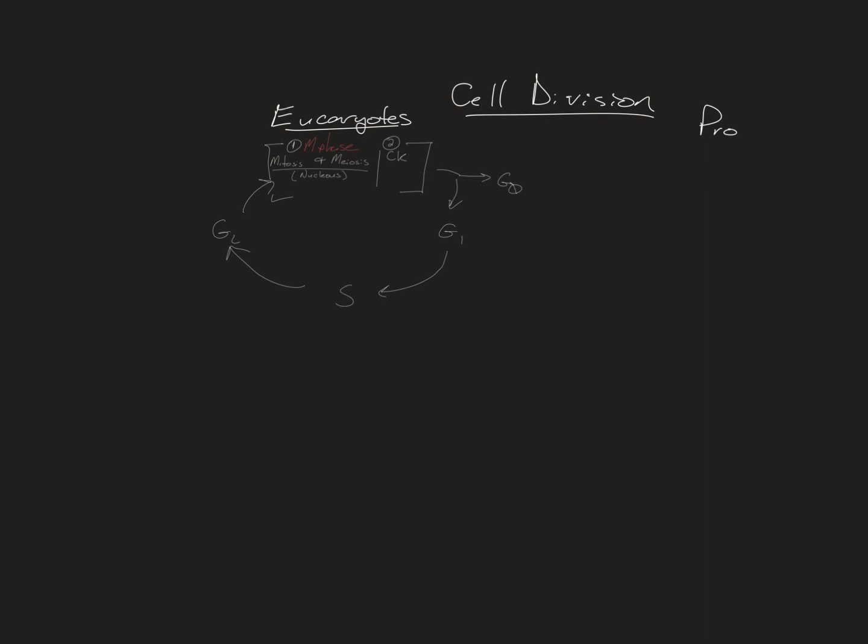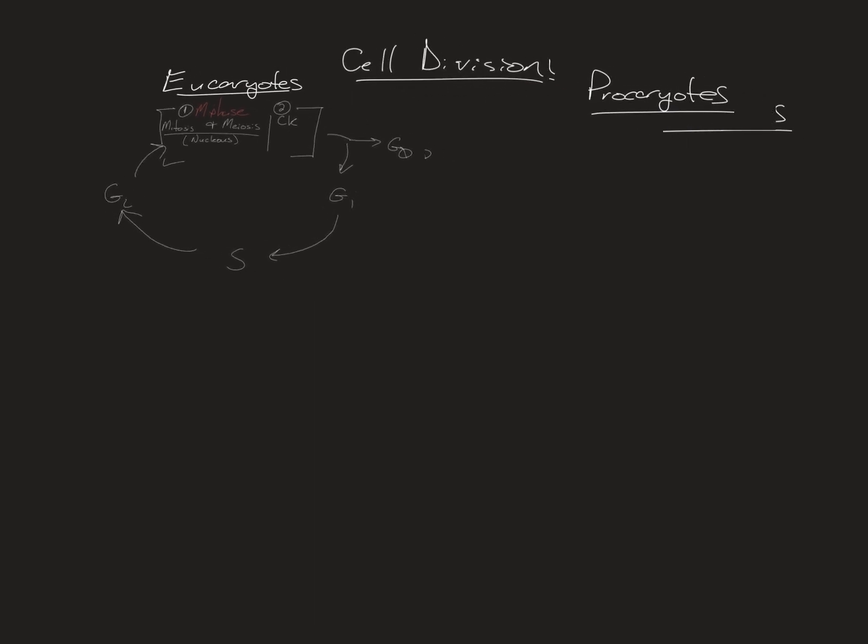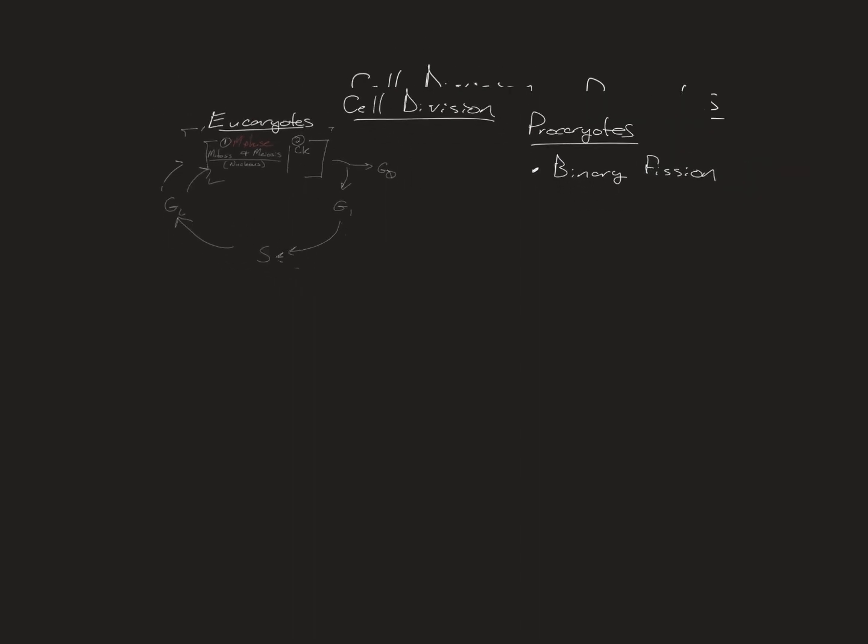Prokaryotes do cell division as well. They just do binary fission. Their steps to binary fission are not as complex as the cell cycle, let me put it that way. The reason is they do have to copy the DNA, but they don't have as much DNA to copy.